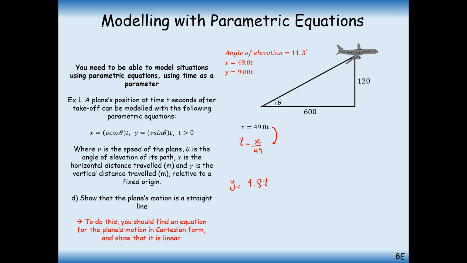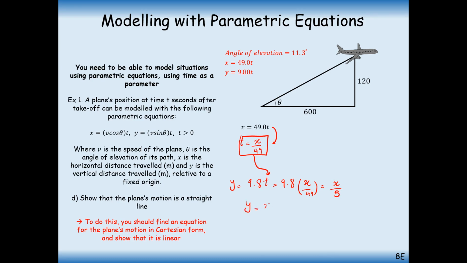So this t is going to go here, and that means that 9.8 will be multiplied by x over 49. Now 9.8 is divisible by 49, and once we do that we get 1/5. So x over 5 here is the answer to our question.